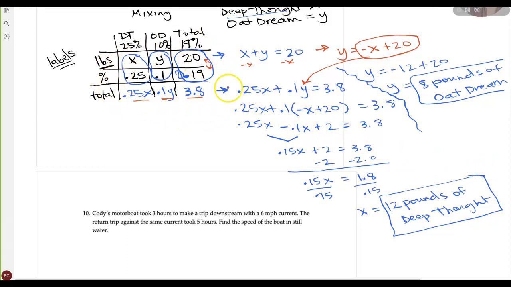Have you tried using the chart like this, like setting things up in a table? Yeah, anytime you're mixing anything together, you can always use a chart like this if it's telling you to mix some things together.